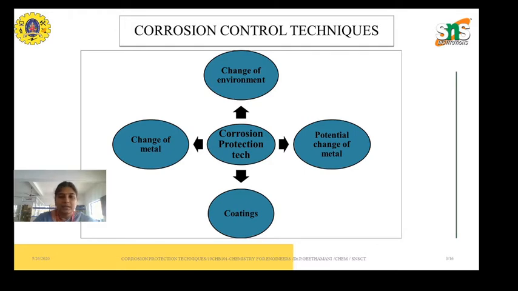Various methods are there. One is change of the environment, whether it is acidic or basic. Next, potential change of the metal: by passing an electric current, we can protect the metal by changing the anode and the cathode part. Another category is change of the metal.